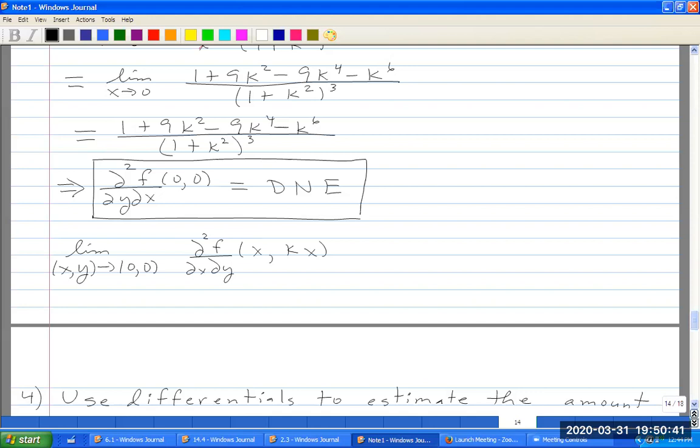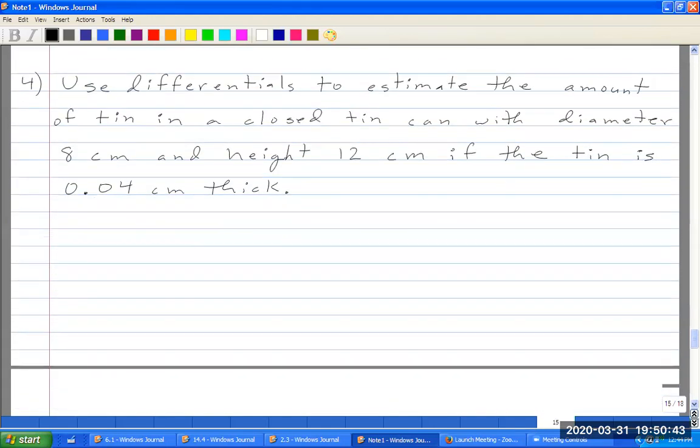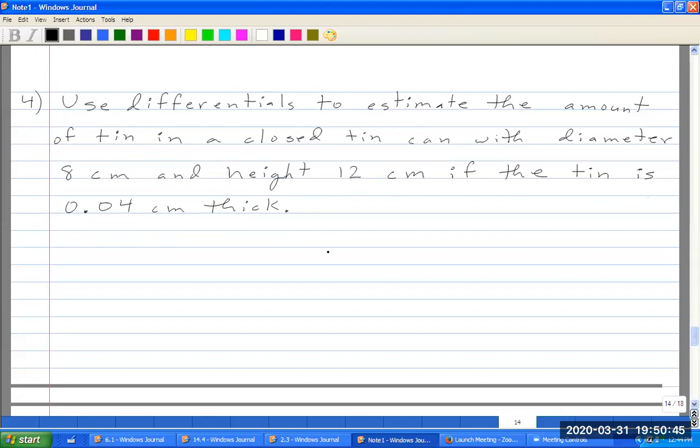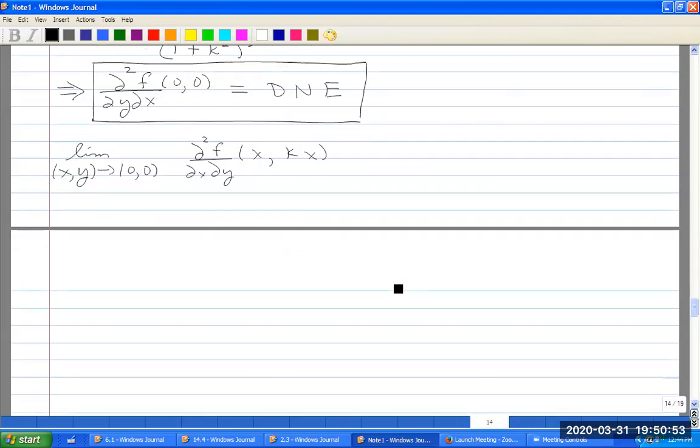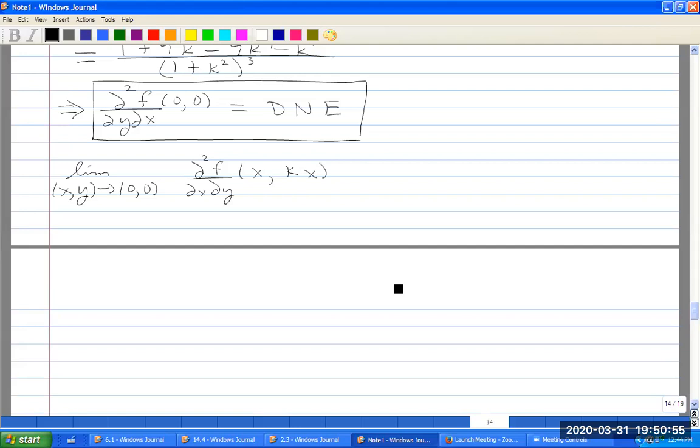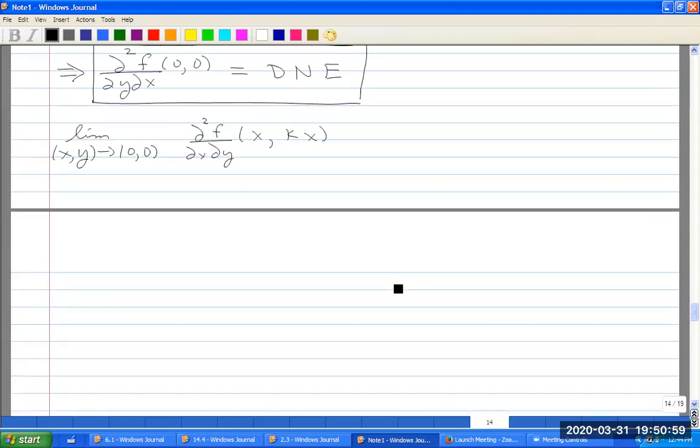Okay, so I need another page. So this is the limit. Oops, of course.